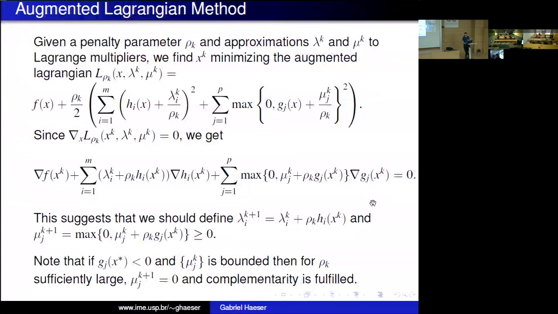But yes, I understand that. But then in the next iteration, I will solve a problem which will have rho k plus 1 instead of rho k to start with. So I don't know whether it would make sense or not. Maybe for the analytical results, it's easier with rho k, but I don't know whether it would be just a mistake or might make some sense.